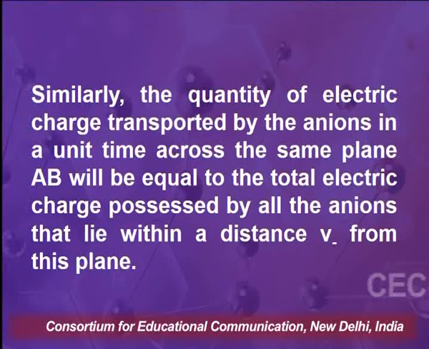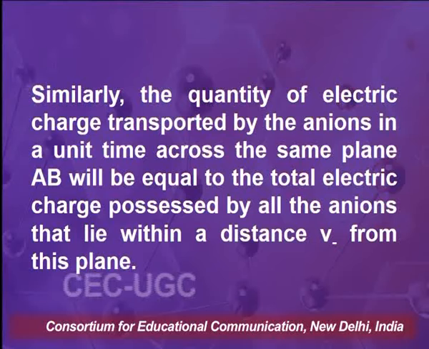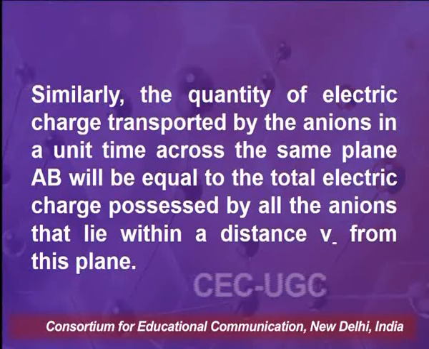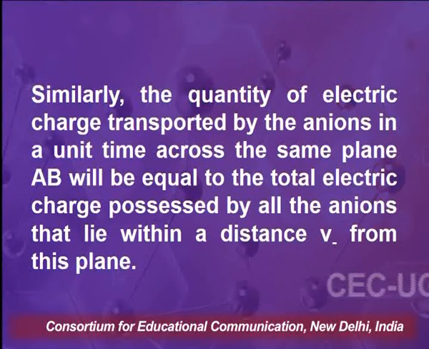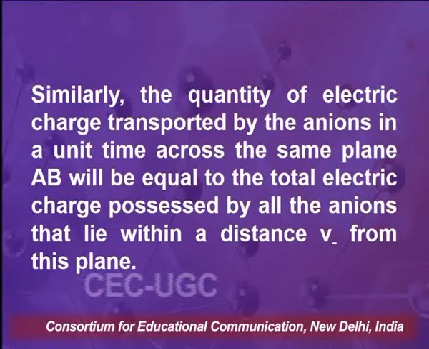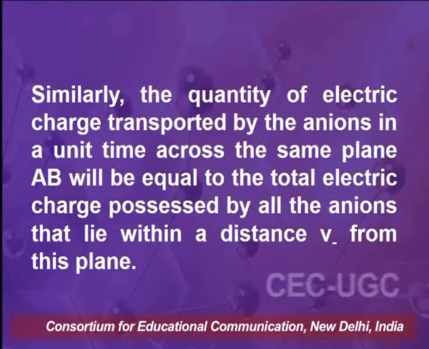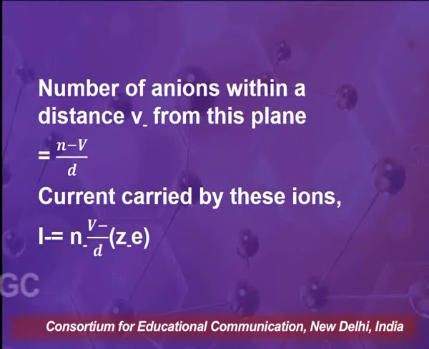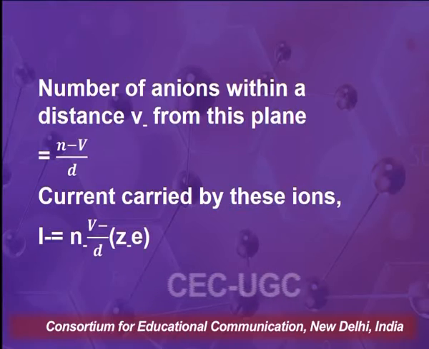Similarly, the quantity of electric charge transported by the anions in a unit time across the same plane AB will be equal to the total electric charge possessed by all the anions that lie within a distance V minus from this plane. Number of anions within a distance V minus from this plane is equal to N minus V minus by d.